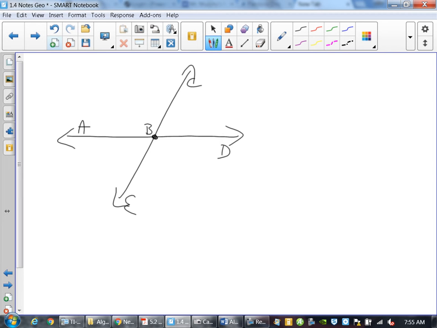I already know angle A, B, C and angle E, B, D have the same angle measure, as well as C, B, D and A, B, E. You're right, because of what we call vertical angles. We'll get to all that later when we start talking about angle pair relationships. So when you have multiple vertices, you have to use 3 letters.